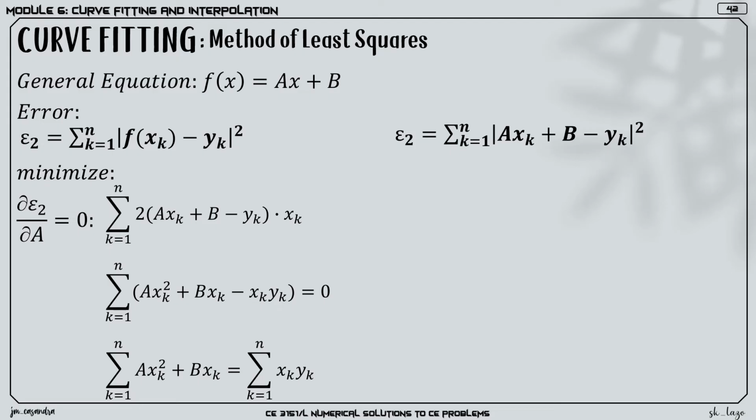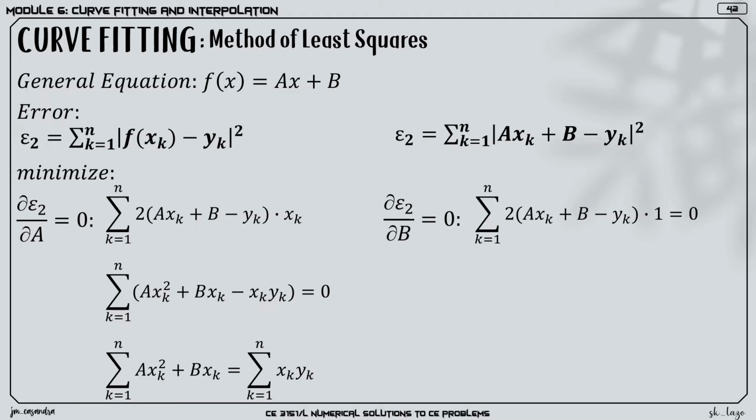The next derivative is the partial derivative of E sub 2 with respect to b equal to 0. In this case, we have the summation of 2 times the quantity a x sub k plus b minus y sub k times the derivative of b, which is 1, equal to 0.